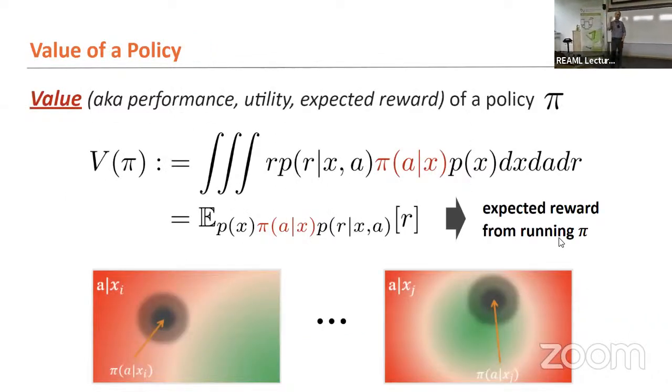So now, what's our goal? As I said before, we want to optimize the decisions, right? We want to make good decisions. And the way that we express this is the value of a policy, which is just the expected reward that we would get by executing the policy on these contexts that are coming in. So it's just this big expectation where we take the expectation over the context, over the actions of our policy, and over the rewards, how we observe them.